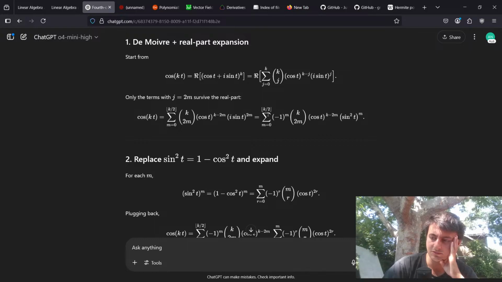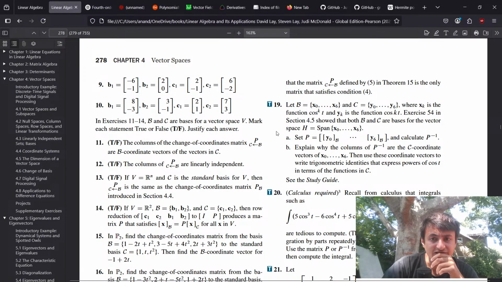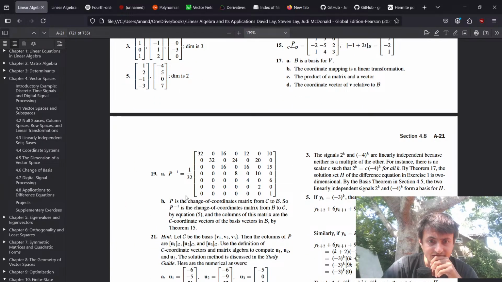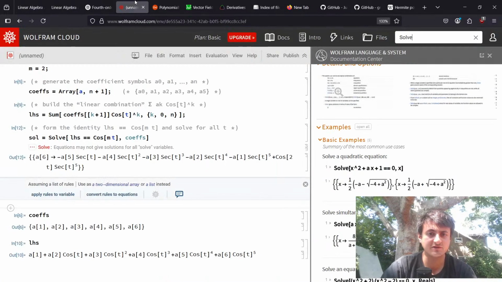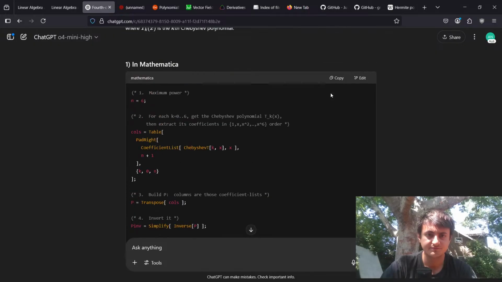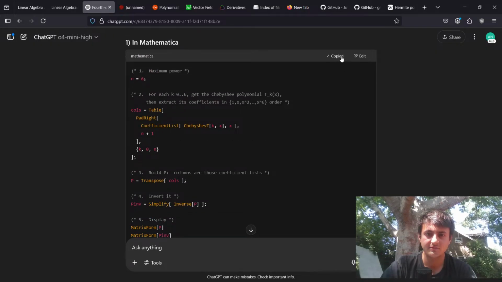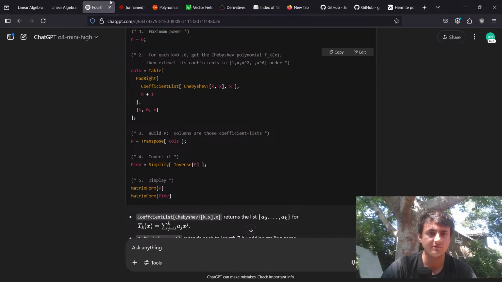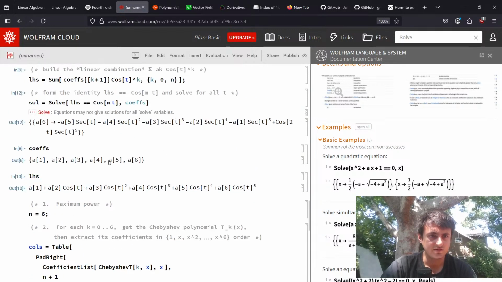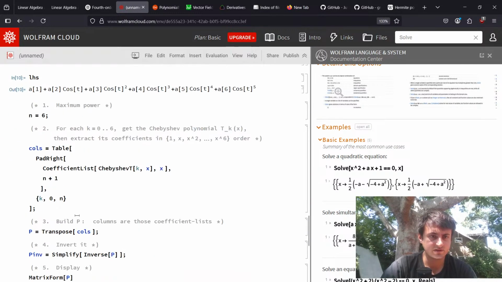Whoa. What problem is this? 19. Can I look at the answer for 19? I'm just curious if that code does it. Let's just see if this is right. N equals 6.